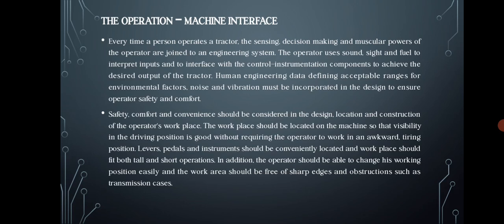Levers, pedals and instruments should be conveniently located and the workplace should fit both tall and short operators. In addition, the operator should be able to change his working position easily and the working area should be free of sharp edges and obstructions such as transmission cases.